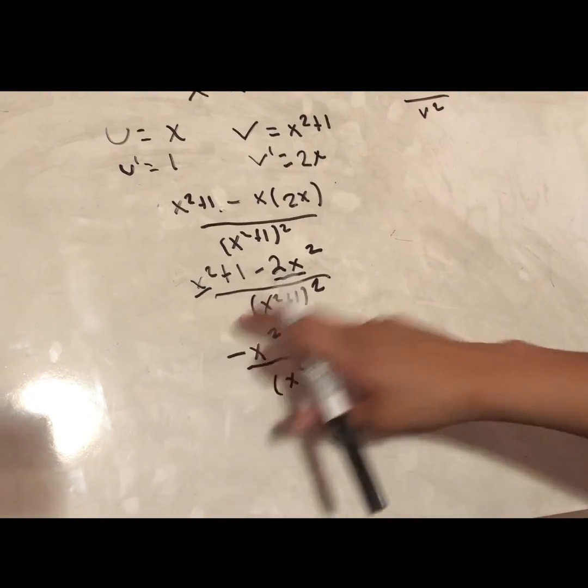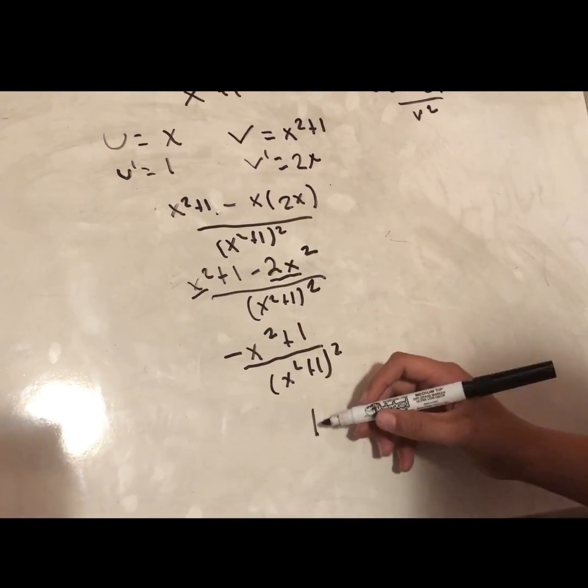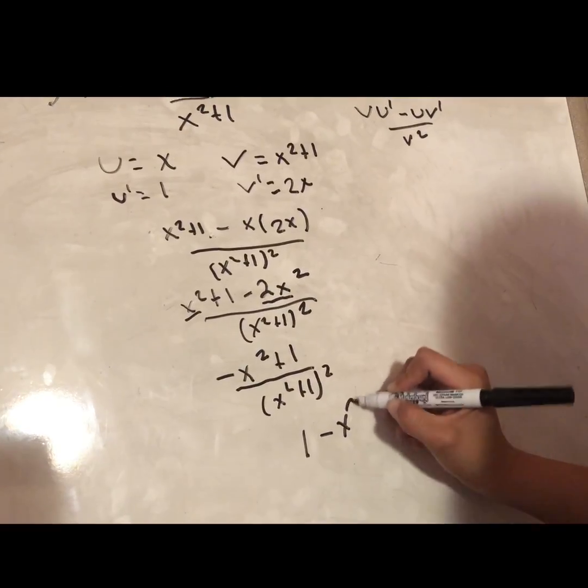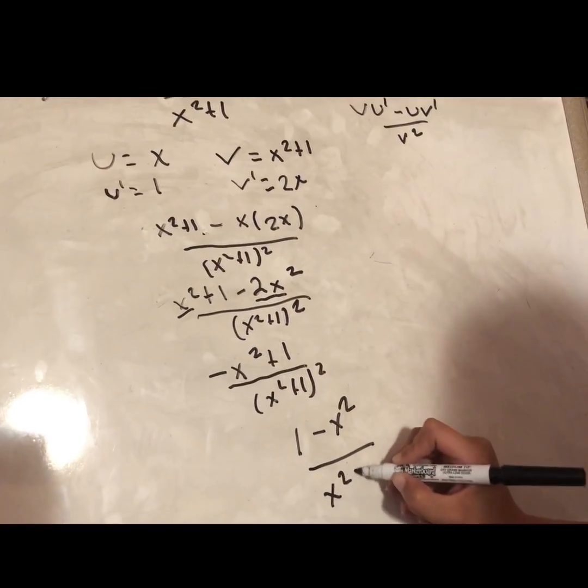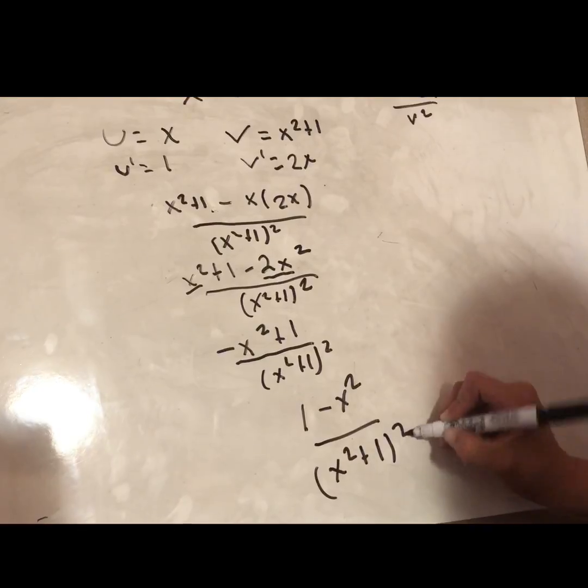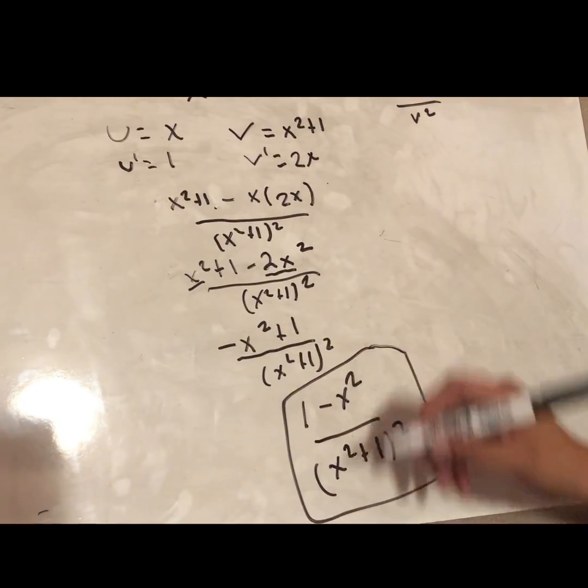And you could just bring this to the other side to have the positive in the front, which would be 1 minus x squared all over x squared plus 1 squared. And this would be your answer.